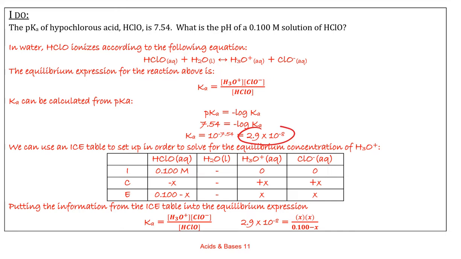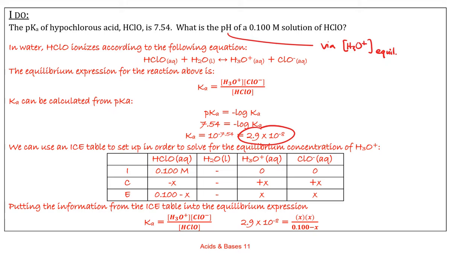So we're going to use that value as we get down here to our K expression, because they want to know what's the pH. So remember, how are we going to get pH? pH comes by way of H3O concentration, typically, that's how we would find it, and that's how we're going to do it here. If we're going to find pH by way of H3O concentration, that's the H3O concentration at equilibrium, right?